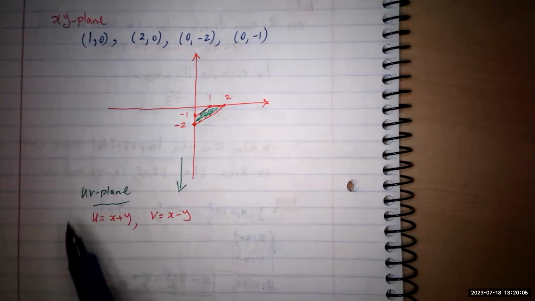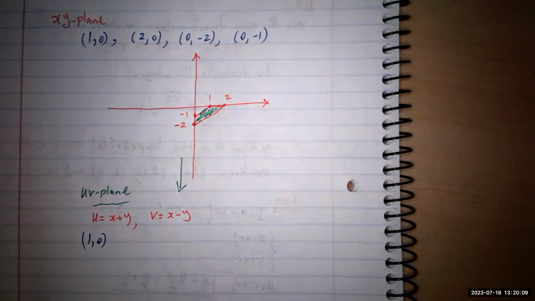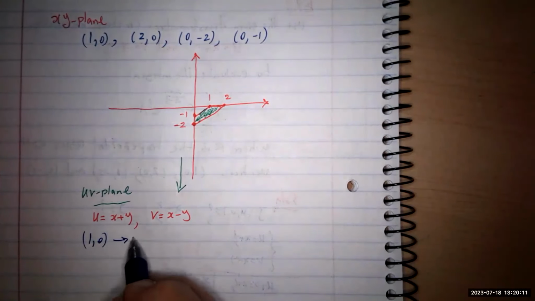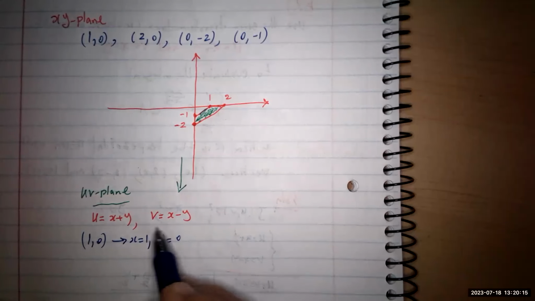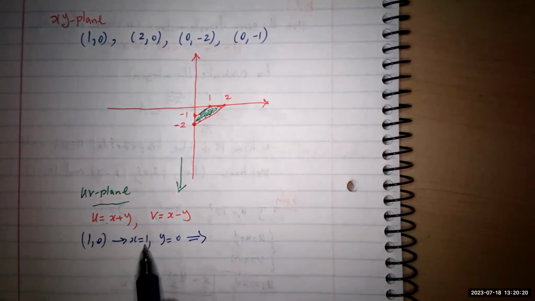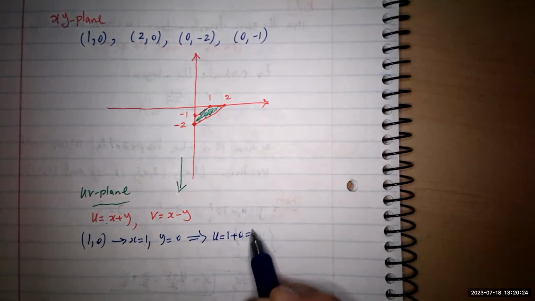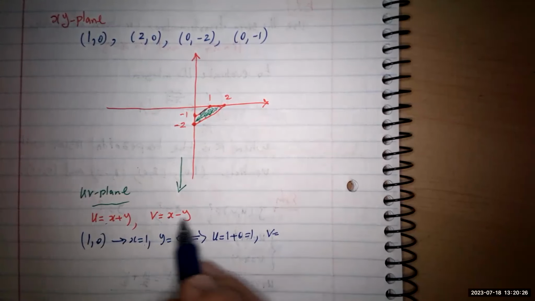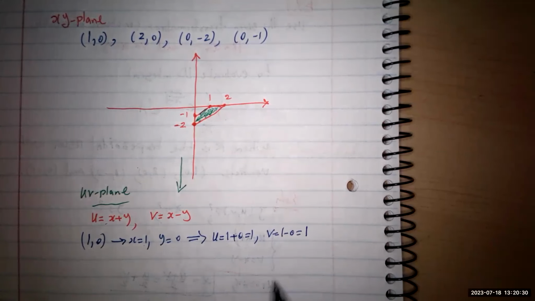We start with this point. The point is 1, 0 in the XY plane, so X is equal to 1 and Y is equal to 0. Going through the transformation, U is 1 plus 0, which is 1. V is 1 minus 0, which gives you 1. So the result is the point 1, 1.